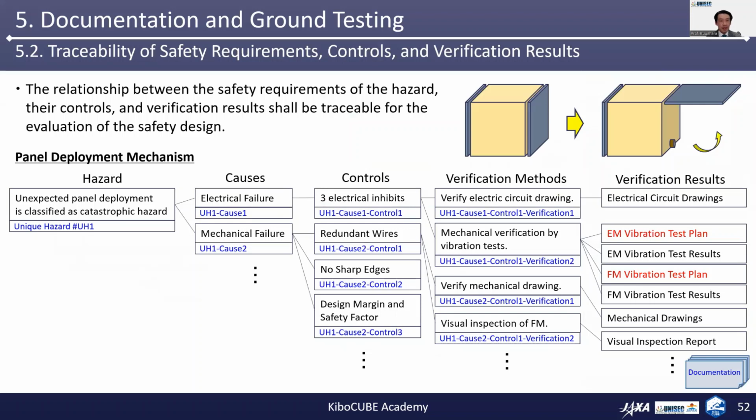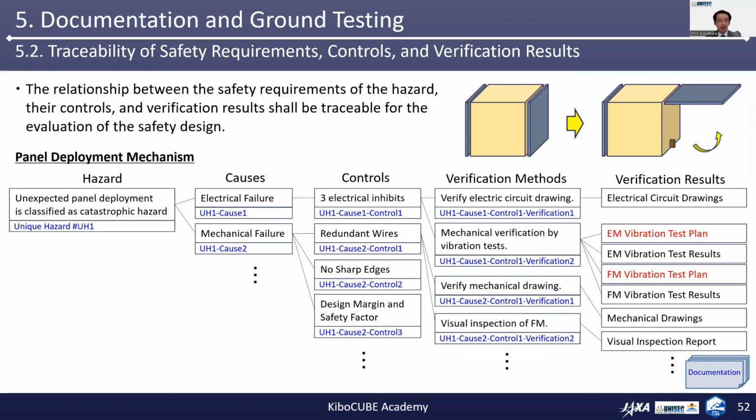For safety design and verification activity of satellites, the traceability of the safety requirements, their controls, and their verification results are indispensable. The relationship between them shall be traceable for the evaluation of the safety design at each safety review.